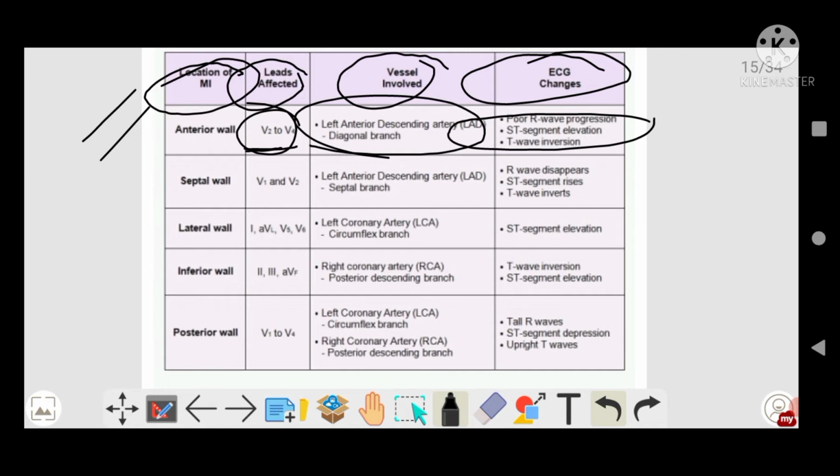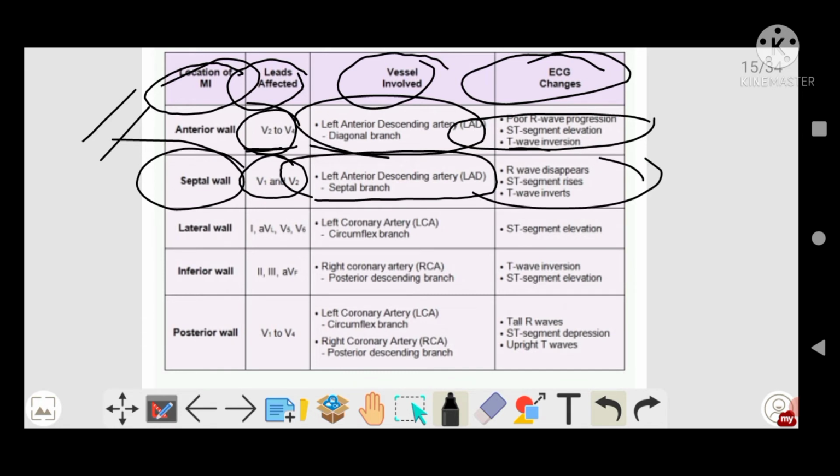Of course, these are classic MI. If I talk about septal wall, we look for V1, V2. Left anterior descending artery is the artery involved, and you will see R wave disappears, ST rises, T wave inversion.